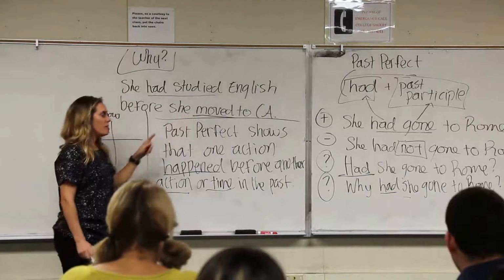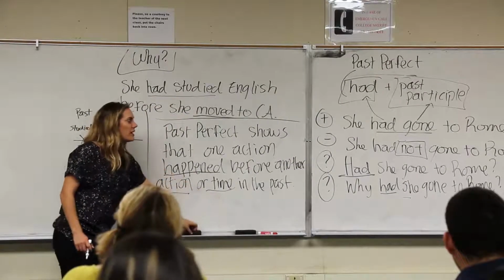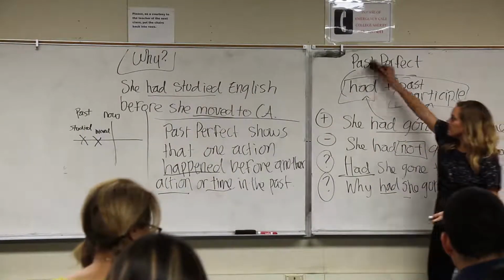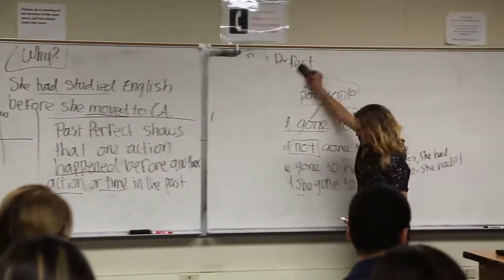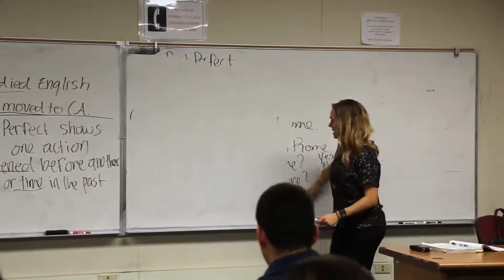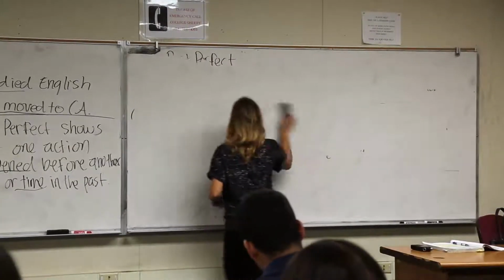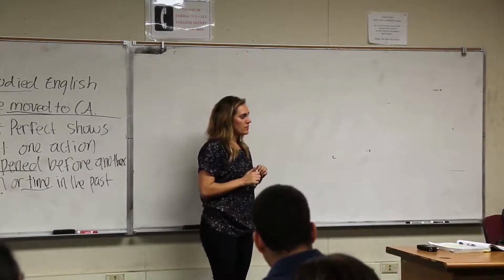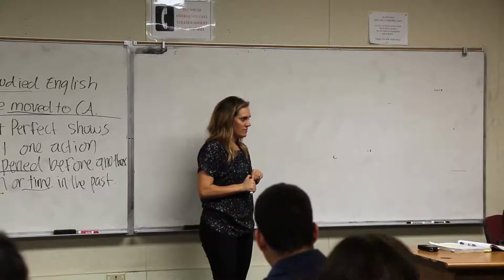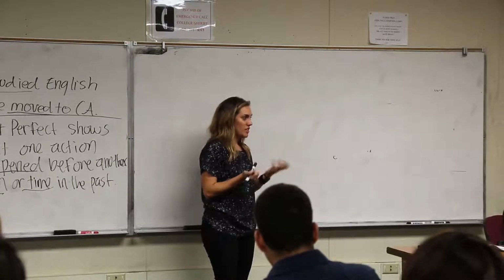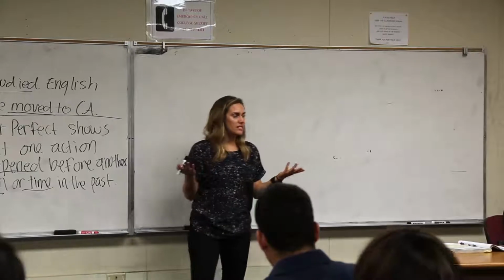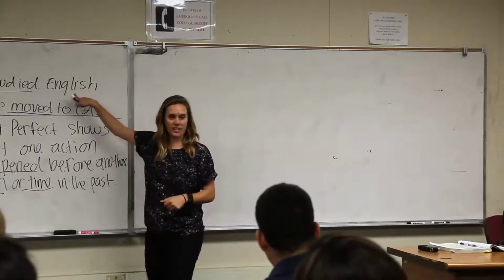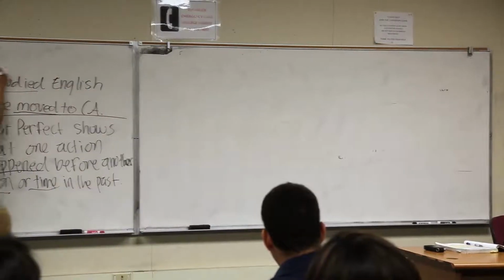Right? But I said we also use it with time. So if we say she studied English before she moved to California, when you use before, it was the first. So she's asking, do I have to say this or can I just say she studied?